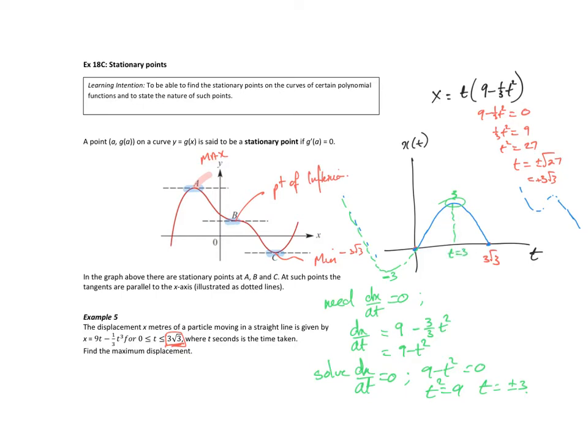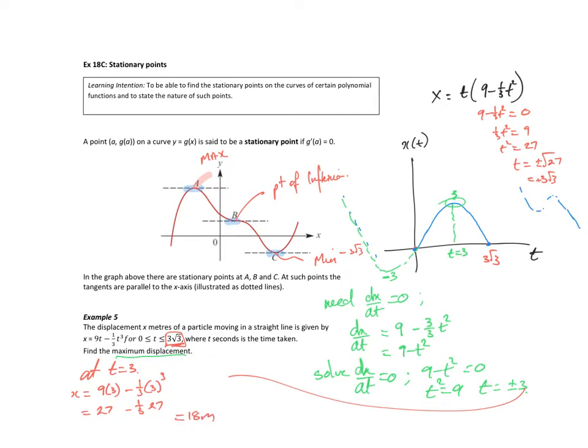The question is, find the maximum displacement. So that means then, let's come across, at t equal to 3, x is equal to 9 times 3 minus 1/3 times 3 cubed, which is equal to 27 minus a third of 27, which is 9, which is 18 meters.